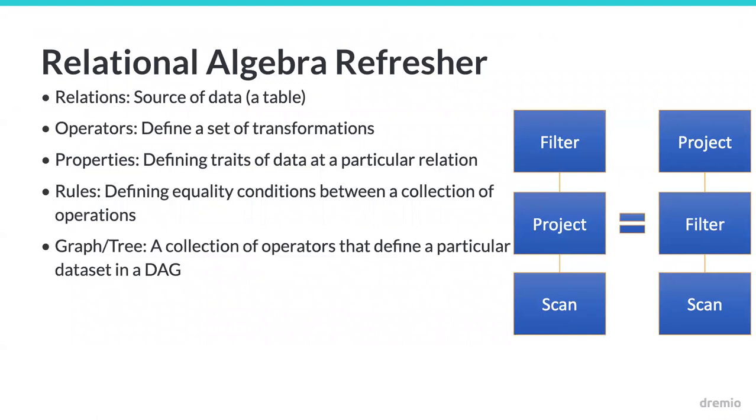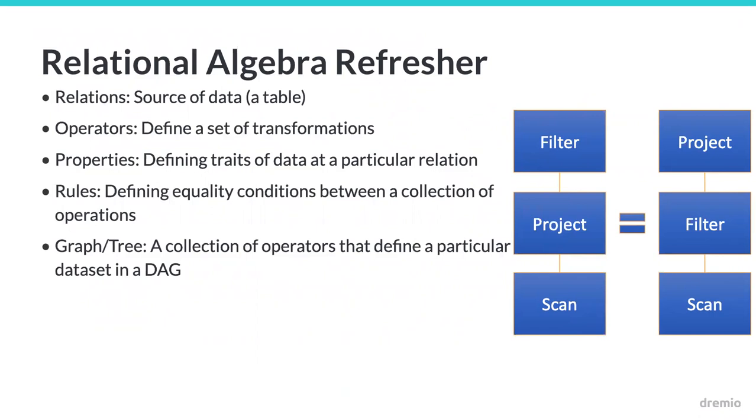You have relations, which are basically tables, or in other words, a set of tuples. And then we have various operators, and these define some set of transformation. Some examples of an operator might be a join, project, scan, filter, aggregate, window function, etc.